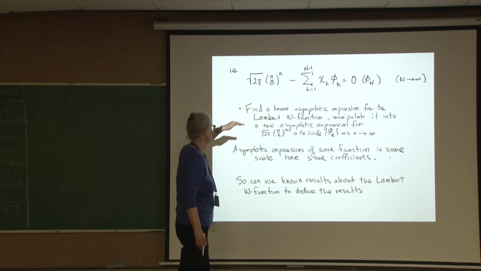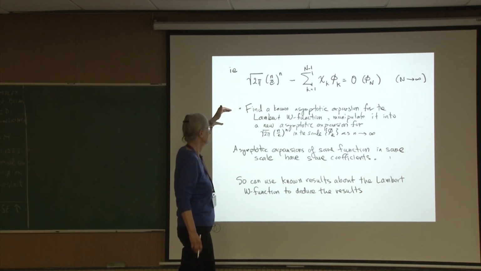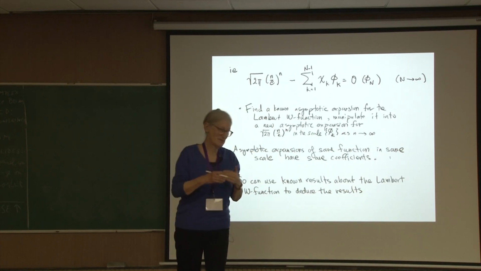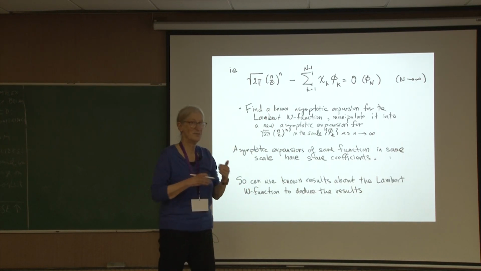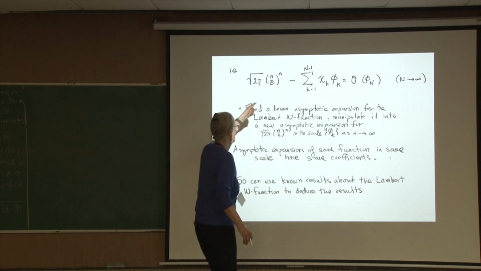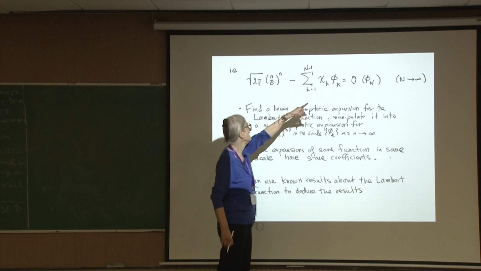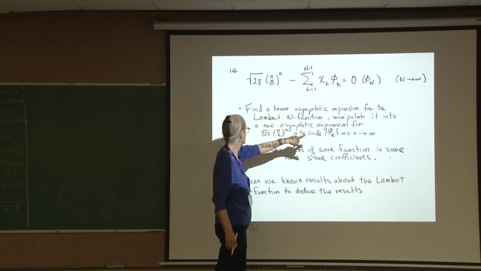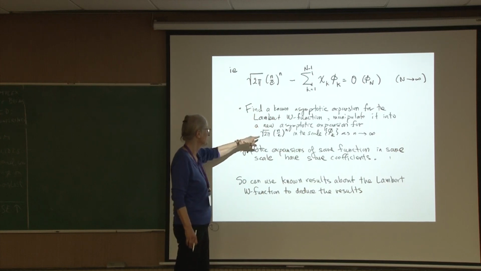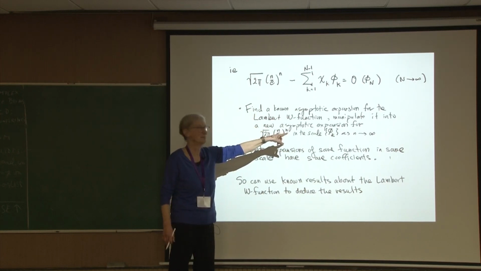So what Borinsky did is he knew an asymptotic expansion for something called the Lambert W function. And given an asymptotic expansion for something, you can manipulate it into an expansion using any scale. He put it in the scale phi k, where phi k was his gamma functions. And he got a new asymptotic expansion for the same function in the same scale.